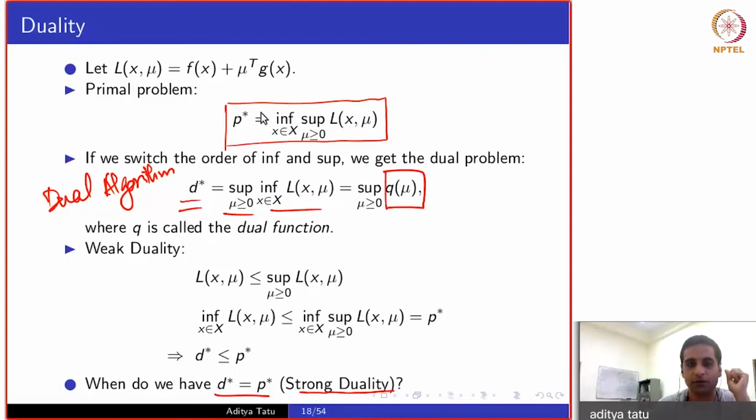With respect to mu, it is linear, and therefore it is concave. Since it's concave, maximization of concave functions, we know what is the advantage, isn't it? Any local optimum is a global optimum also. So that's the advantage of using dual algorithms.